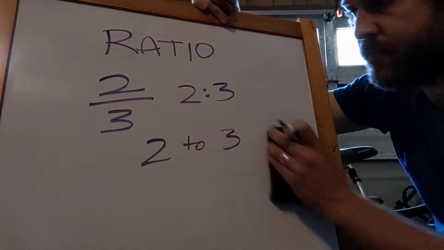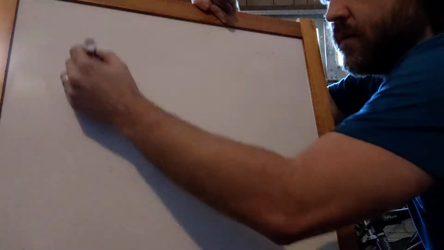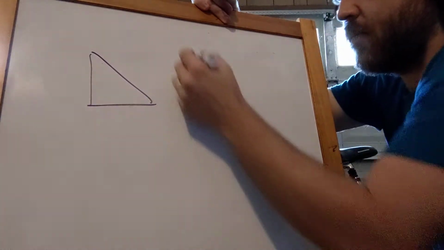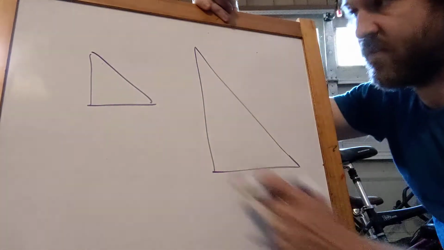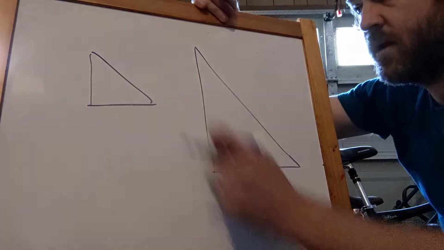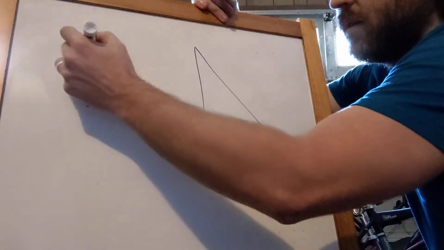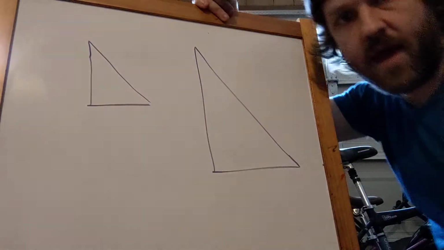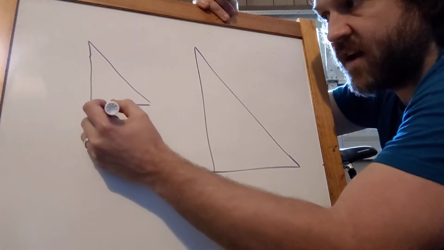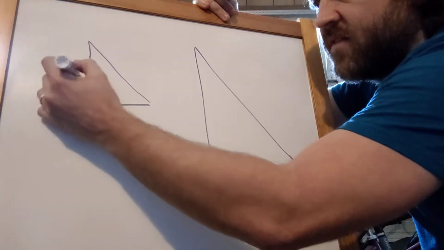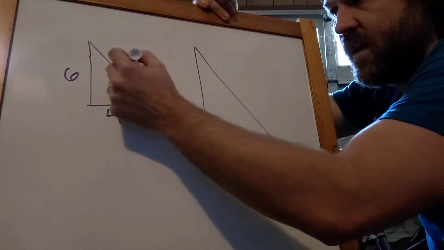So in geometry, we look at shapes and we can make comparisons based on their sizes. So imagine we have these two shapes. Let's say that the length of this side is 4 and the length of this side is 6, and this one is 8.